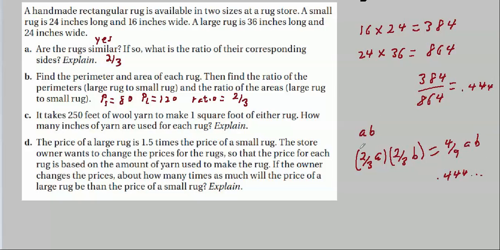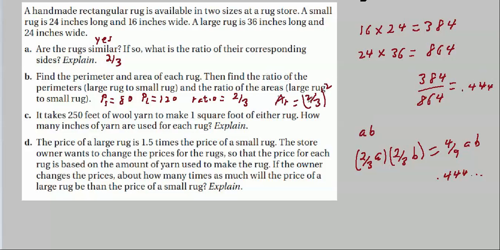So, the perimeter has the same ratio as the sides of the similar polygons. However, the area, well, it has a ratio equal to the square of the similarity ratio. So we'll say the area ratio is 2/3 squared.